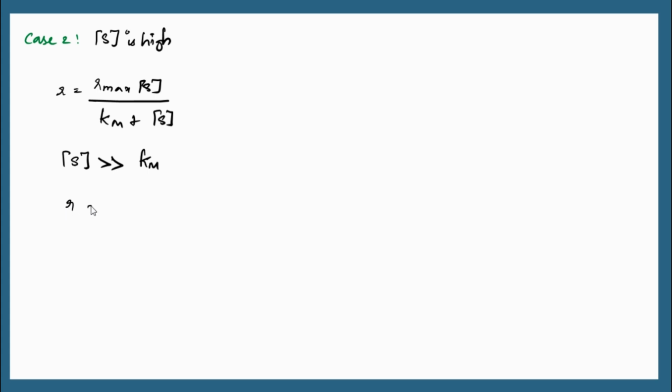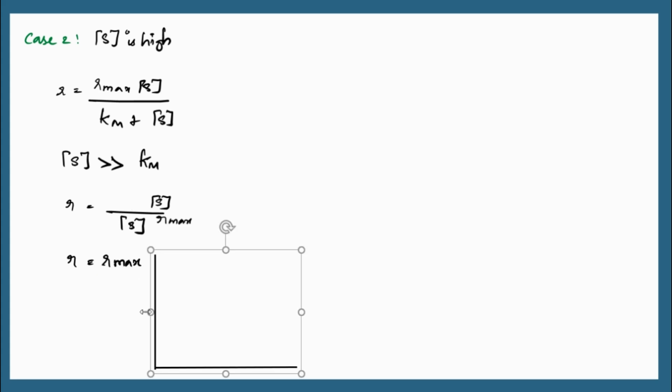So in that case rate will be equal to R max into concentration of S by concentration of S. Okay, so rate will be equal to R max. So if you plot the graph, rate and concentration of S, this is going to be a straight line. Okay, and this is your R max.